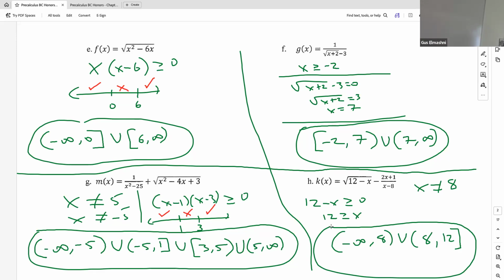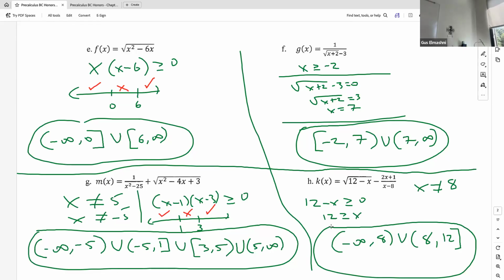Go to negative 1. Negative 5 and 1, brackets. No, 1 is included. Negative 1 is minus, and then 0 is equal to 0 plus 0. Union 3, yeah, 3 in brackets.